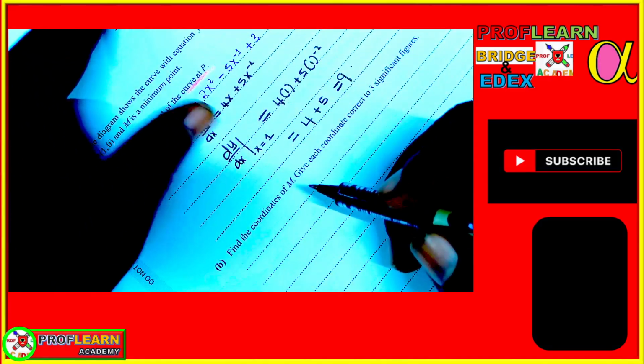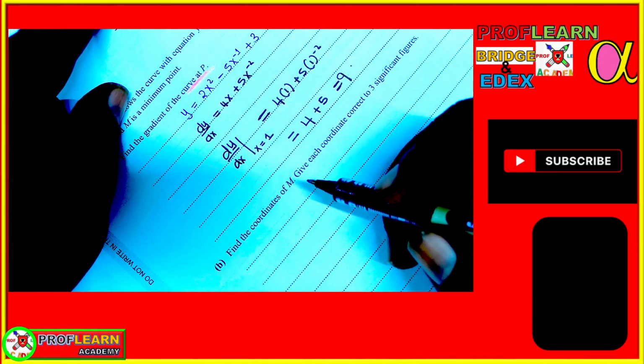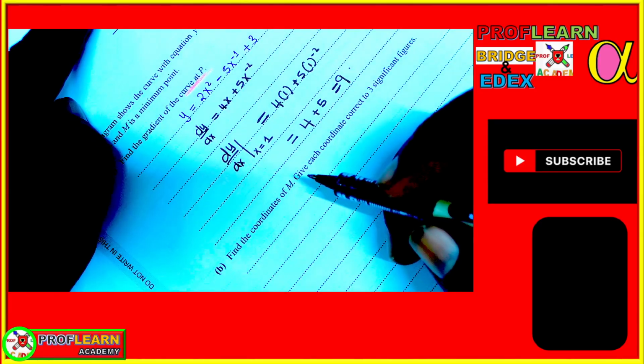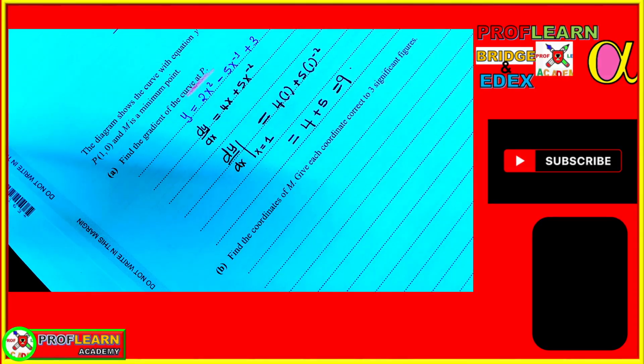So something that we need to remember: we were told M is the minimum point, and if M is the minimum point, meaning it is the turning point, which means that dy/dx at M is going to equal 0.